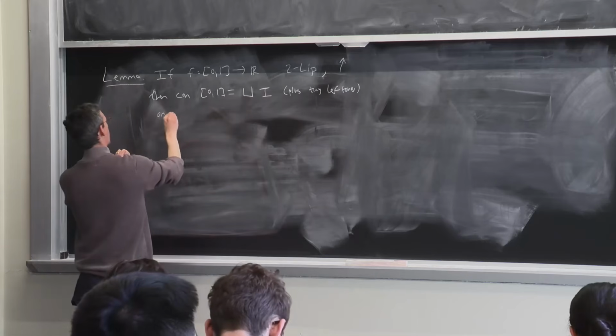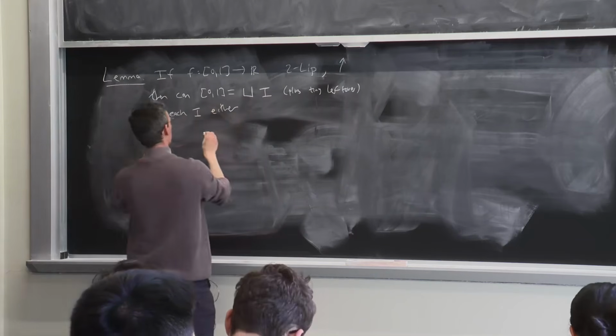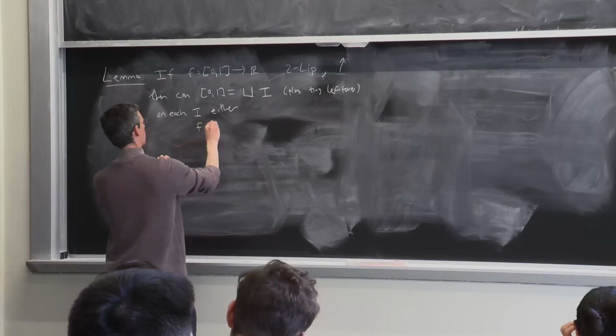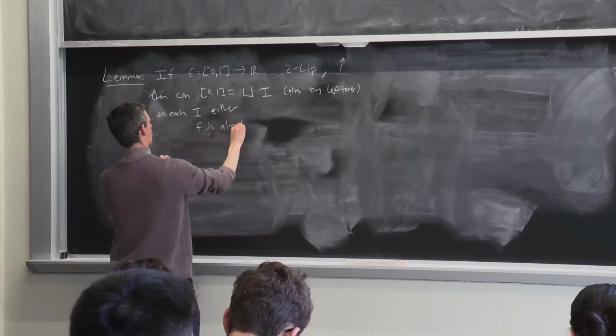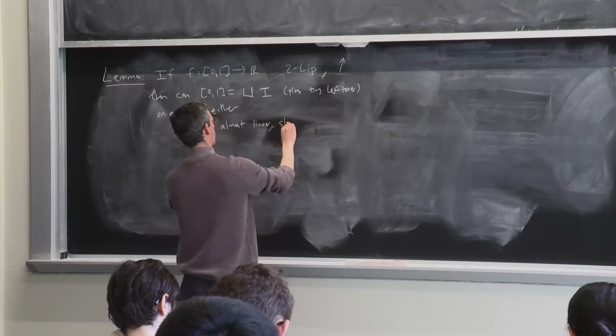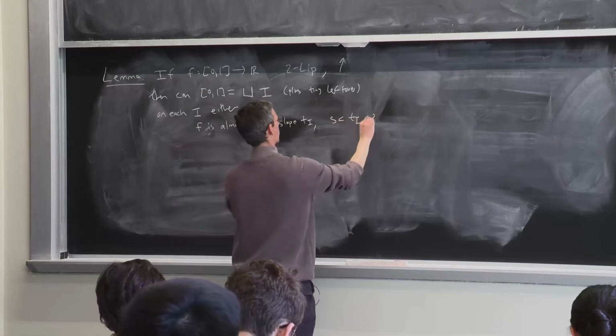And then on each I, either f restricted to I is almost linear with slope t_i, and t_i is in our range.